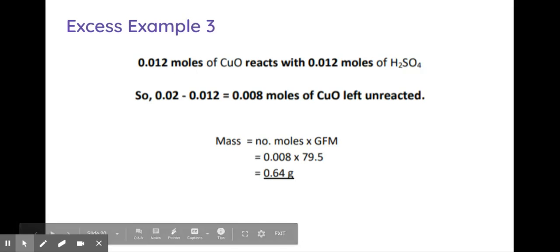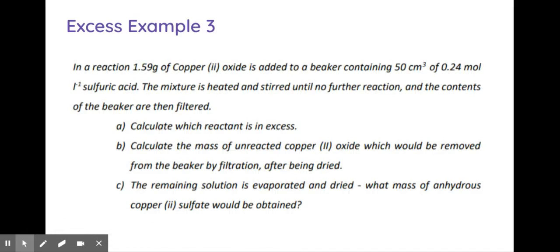That's part B. Part C: the remaining solution is evaporated and dried. What mass of anhydrous copper 2 sulfate would be obtained? That is just asking, when we have evaporated and dried the crystals with no water in them, that's what anhydrous means, how much copper sulfate will we have obtained?